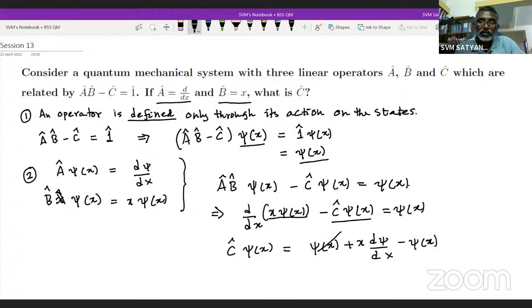Correct? So this psi of x and this psi of x will cancel. Because psi of x is there on either side, you get C is equal to x d by dx.